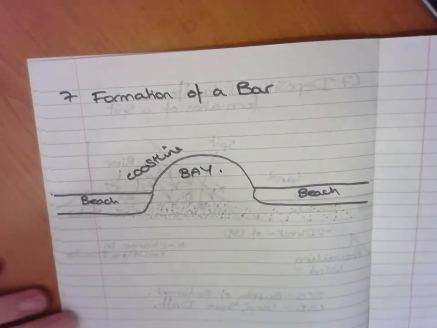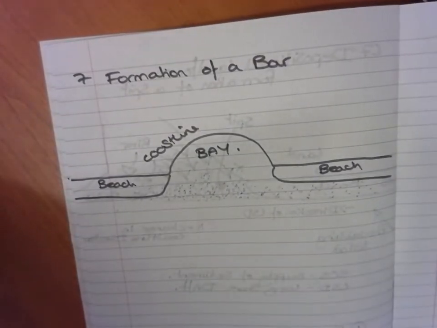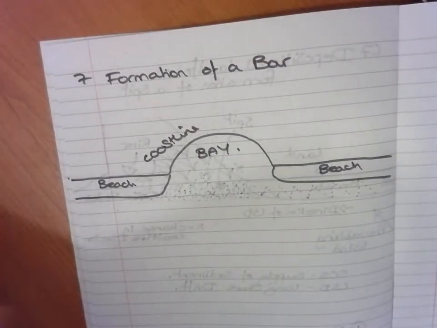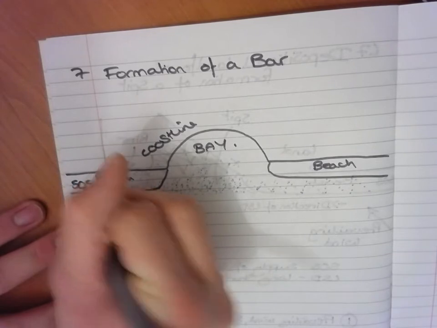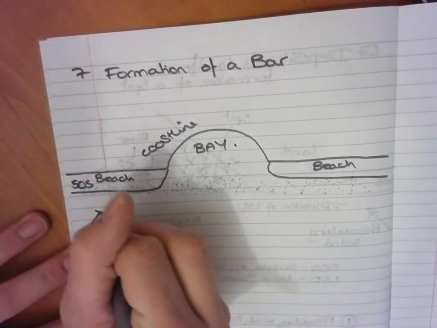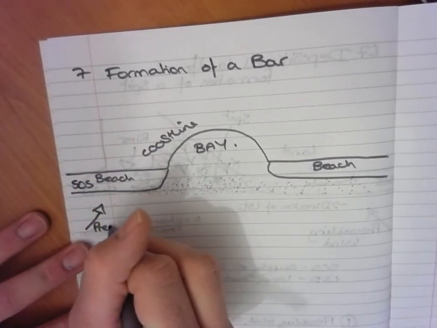So there are very clear similarities between the formation of a bar and the formation of a spit. So number one, again, you will need the supply of sediment. Number two, you will need a prevailing wind.